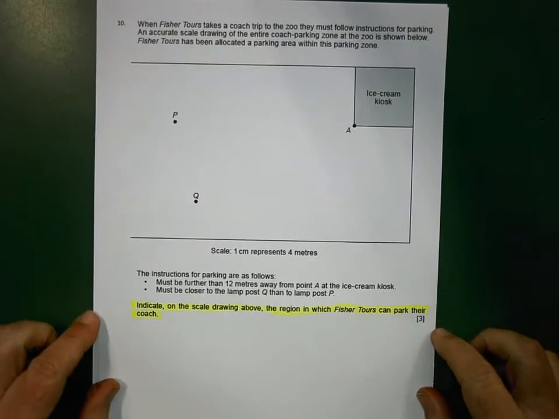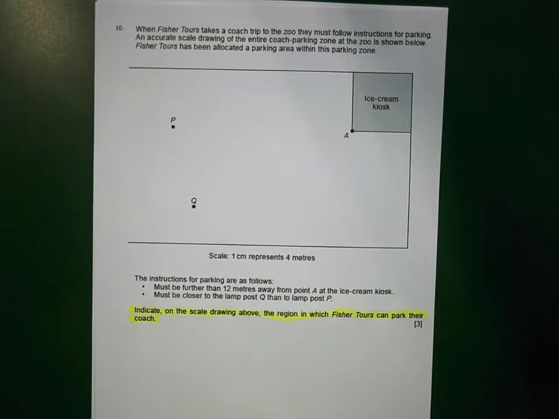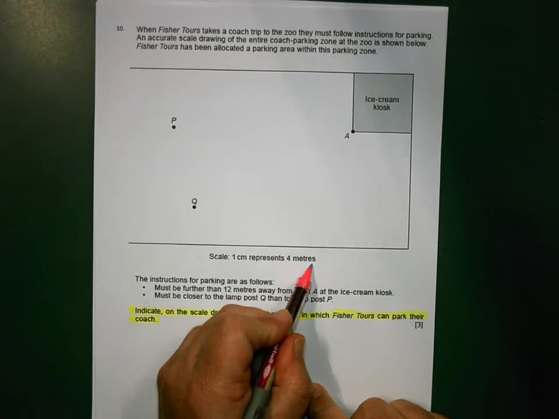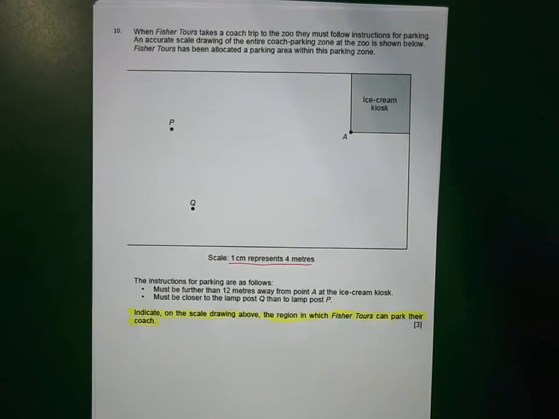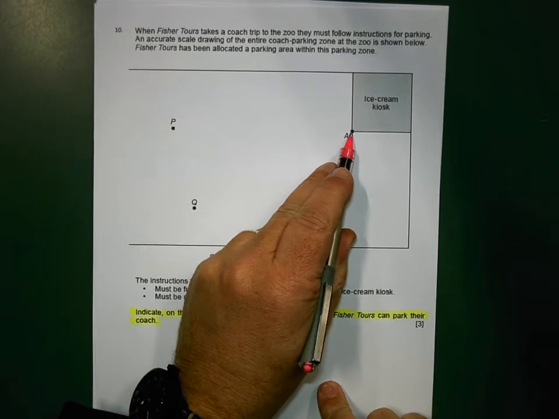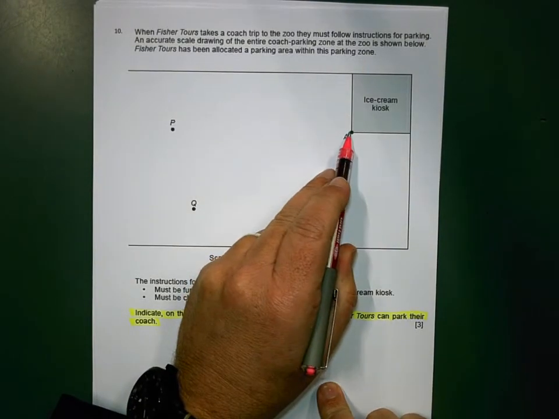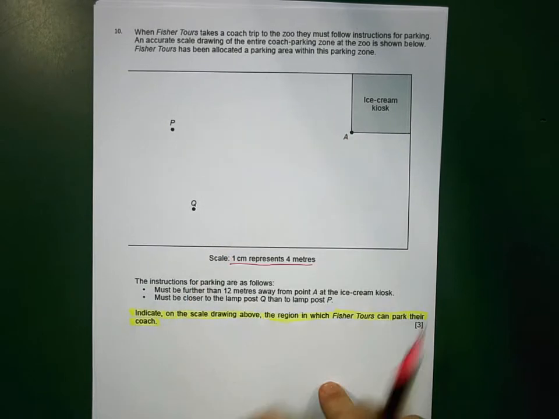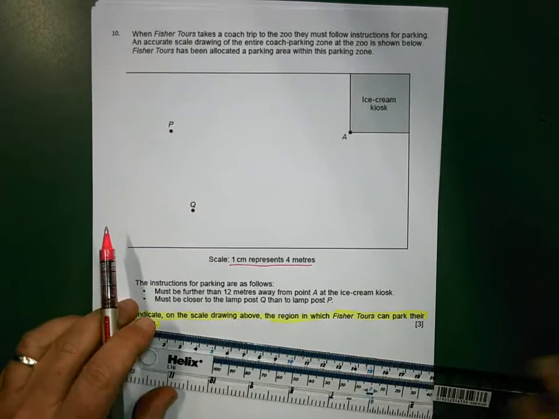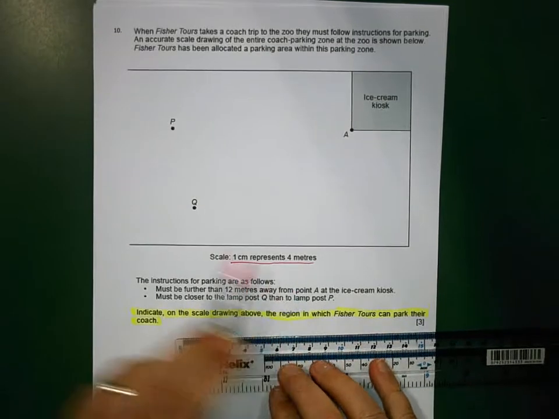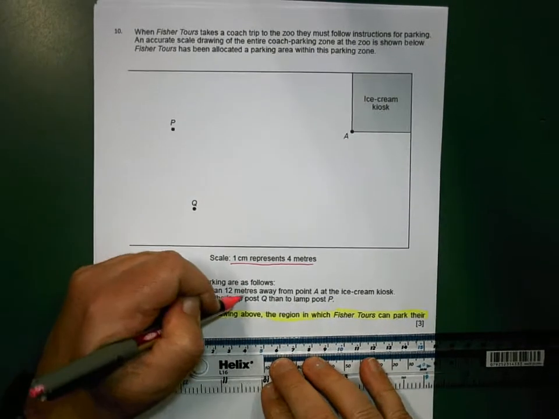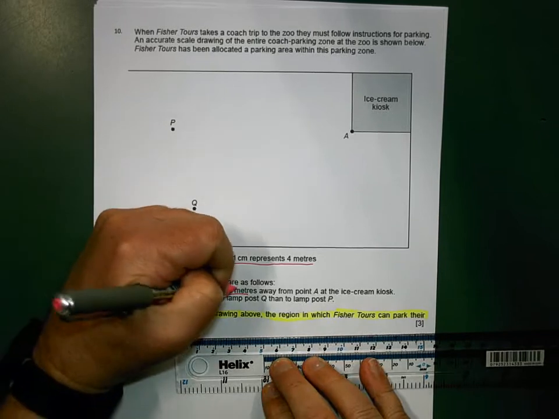I'm hoping reading this and recognizing we're in the grade B section now is making you think, right, this is loci. We've got a scale, so this is one we can measure. Must be further than 12 meters away from point A. So the loci is equal distance from a fixed point. 12 meters, using a scale of 1 centimeter to 4 meters, that's going to be 12 divided by 4, 3 centimeters.